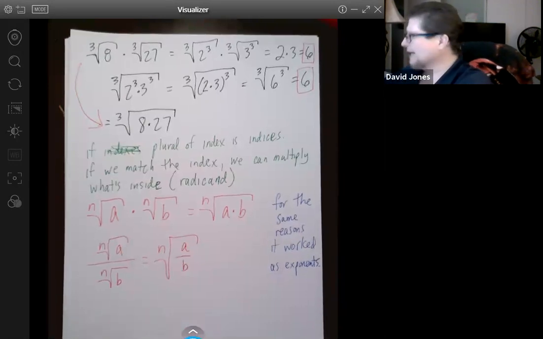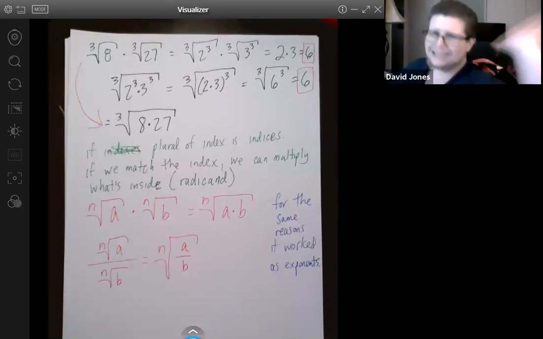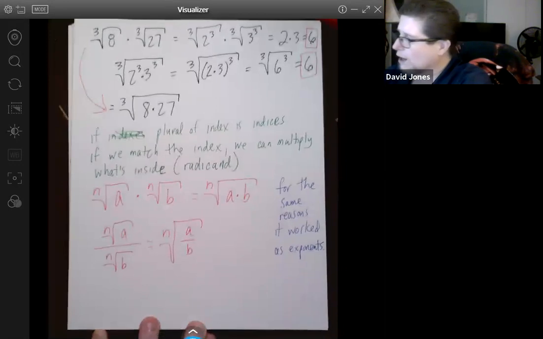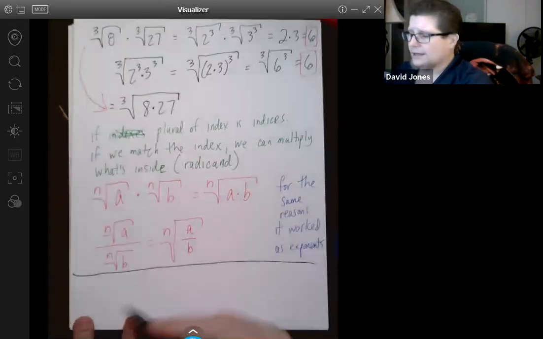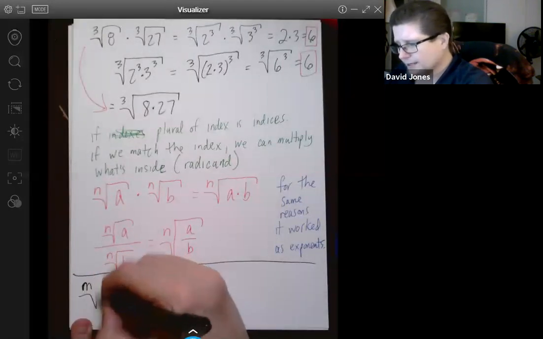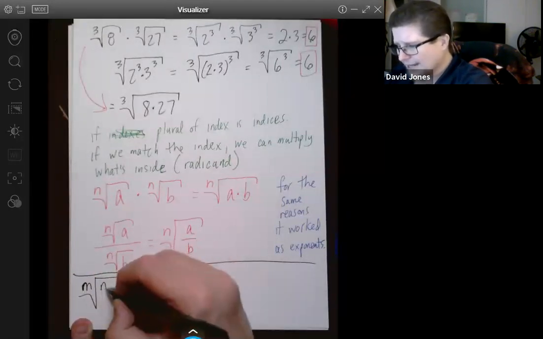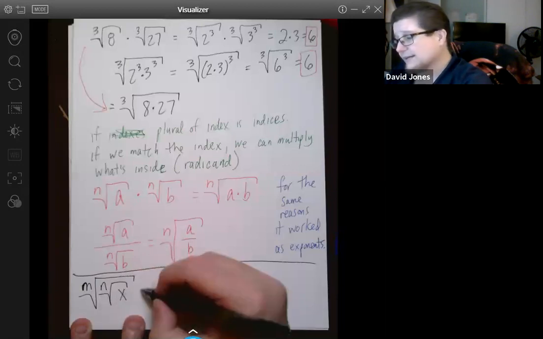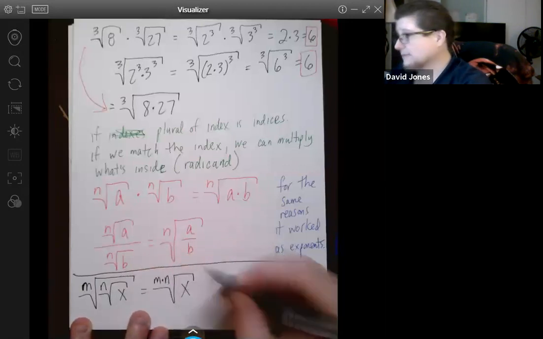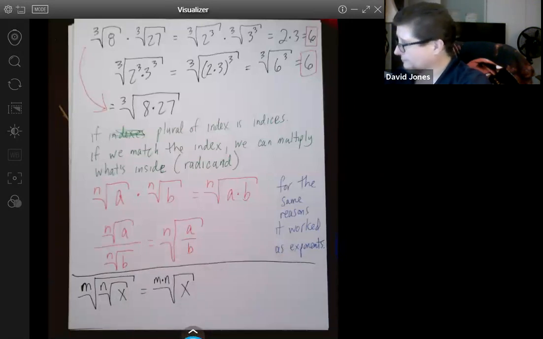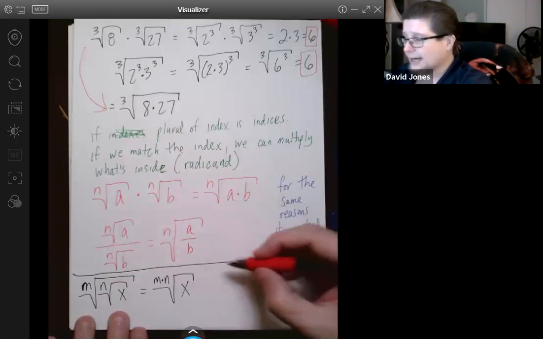A final one, and this one does not come up often. They might throw you a problem in MATLAB. The mth root of the nth root of x equals the m times nth root of x. This might be a little bit easier seeing it as exponents.